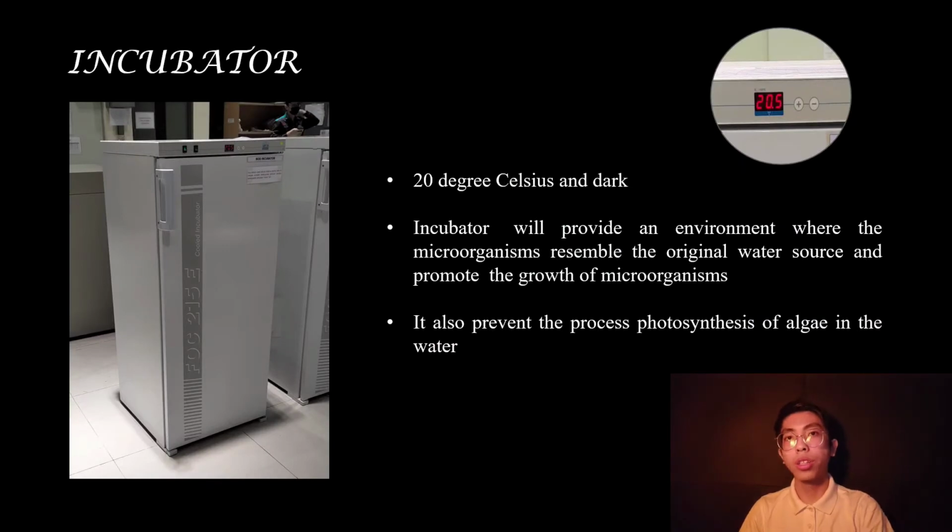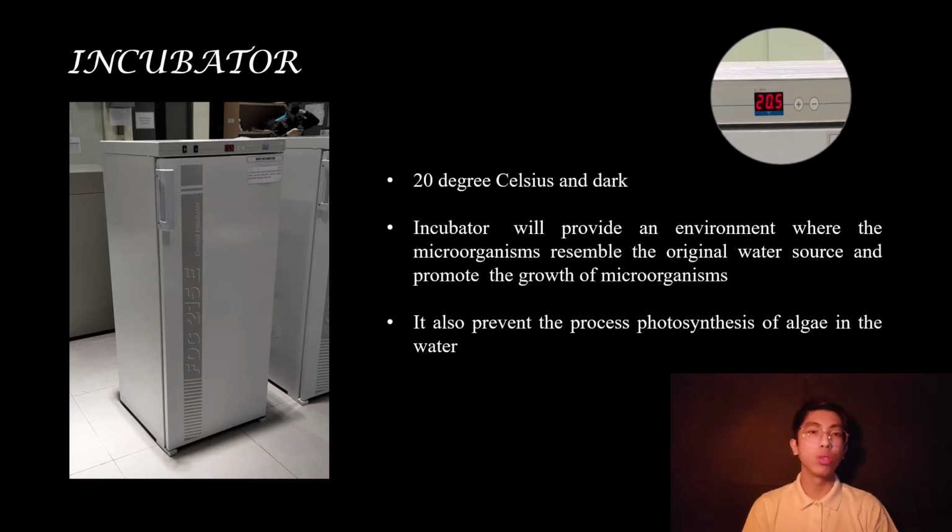Last but not least is the incubator of BOD. The incubator of BOD is different from the incubator of total bacteria. We can see that the temperature used in the BOD incubator is 20 degrees Celsius.